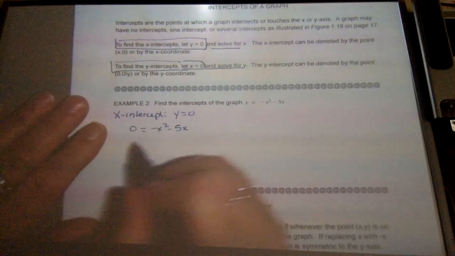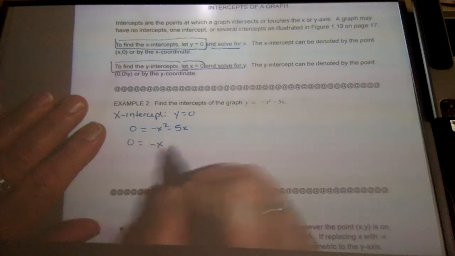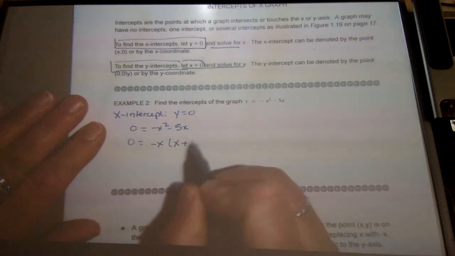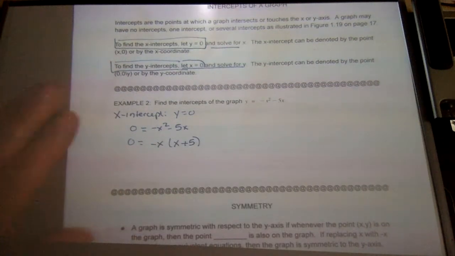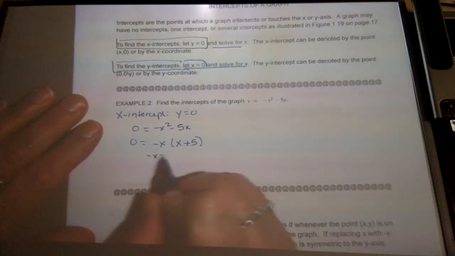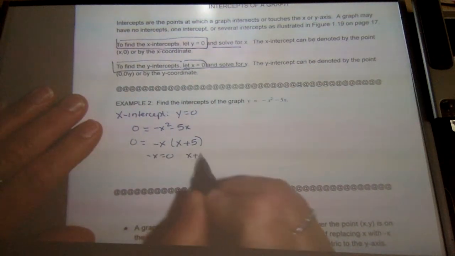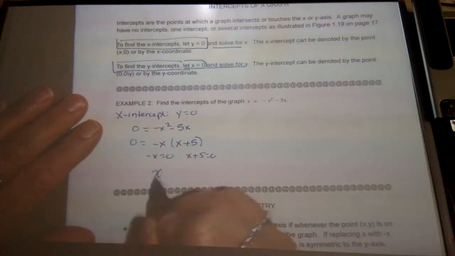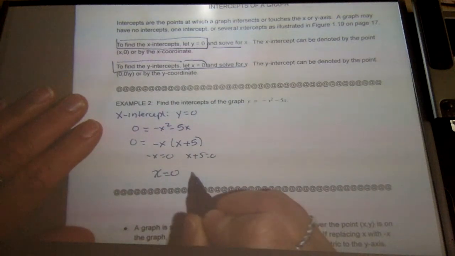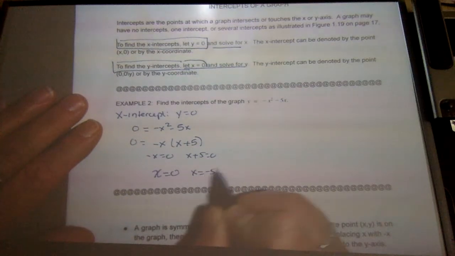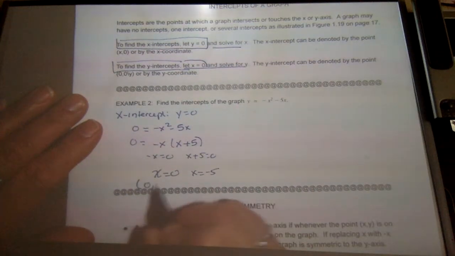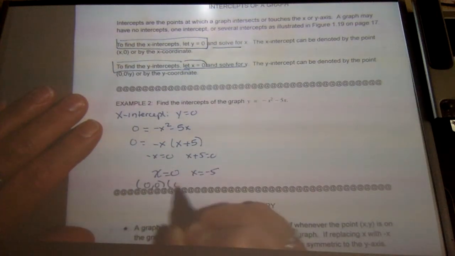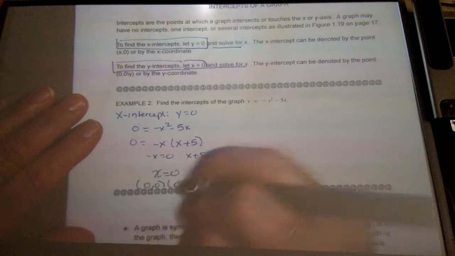They both have a negative x in common. So that gives me x plus 5. Set each of them equal to 0. So we get an x-intercept of 0 and an x-intercept of negative 5. So that's 0, 0 and negative 5, 0.